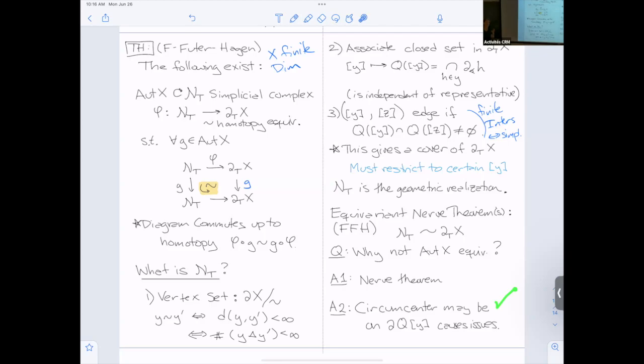The two nerve theorems here are one for closed and one for open covers, and passing between closed and open covers when the circumcenter is on the boundary causes some issues. So those are the two reasons why you don't get equivariance on the nose.